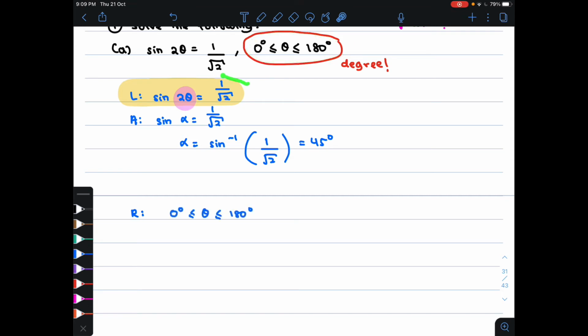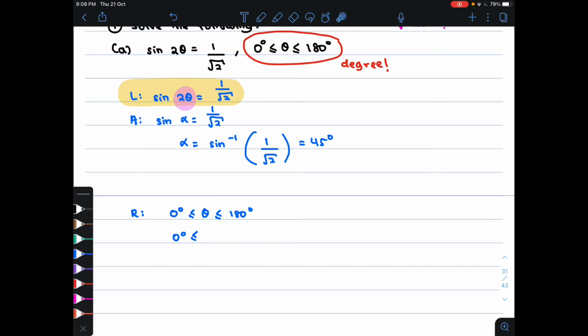And now let's refer back to the linear form. So here we have 2 theta. We need 2 theta, but in the range here, we only have theta. So in order to get 2 theta, we're gonna times everything here with 2. 0 degree times 2 is 0 degree. The symbol stays the same.